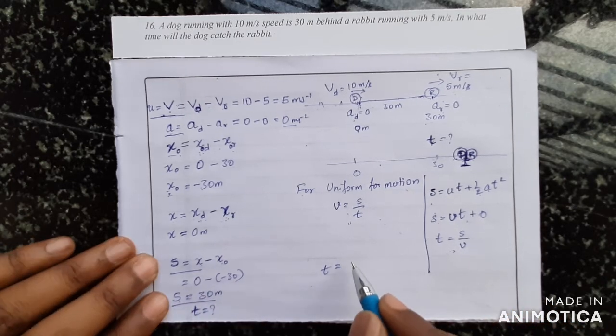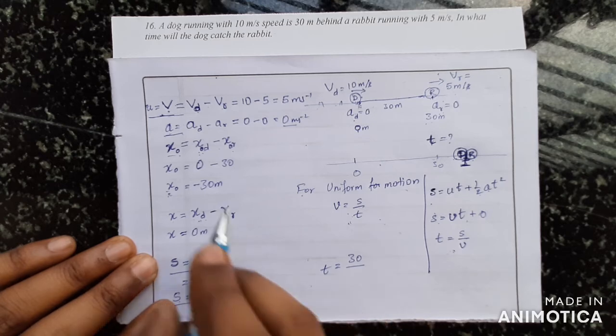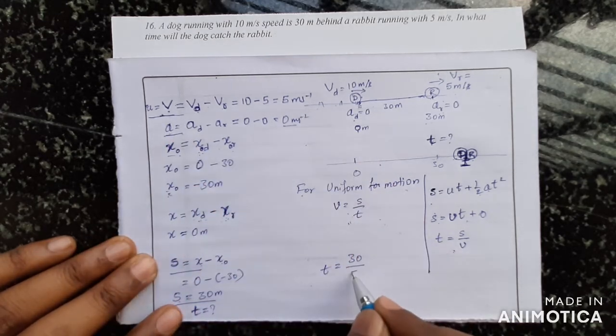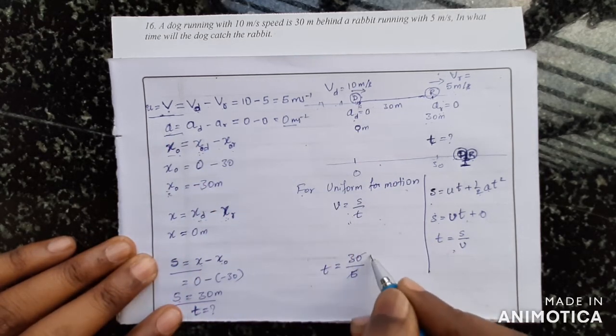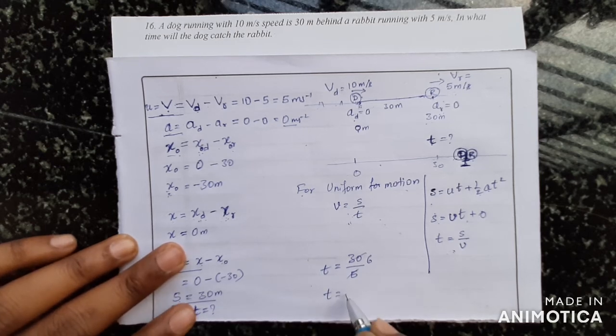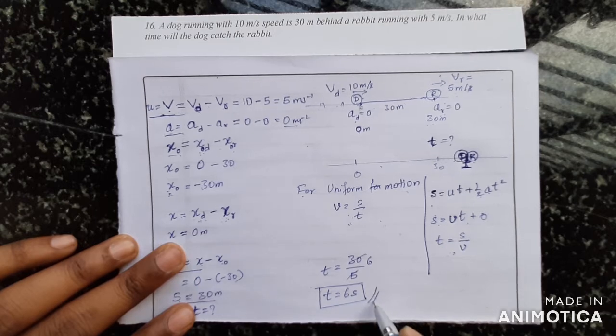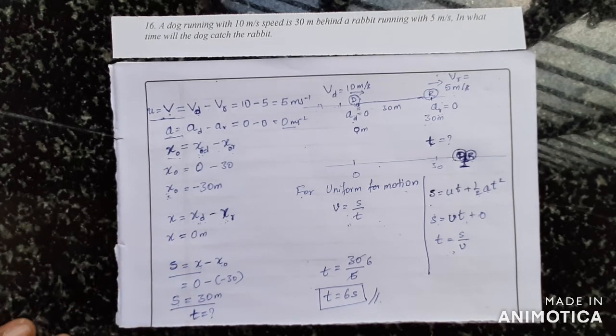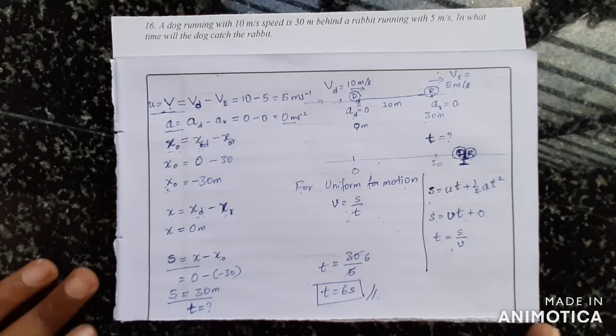What is s? S is 30 meter. V, relative velocity, is 5 meter per second. 5 sixes are 30, so the dog will catch the rabbit in 6 seconds. This is the solution for the dog and the rabbit problem.